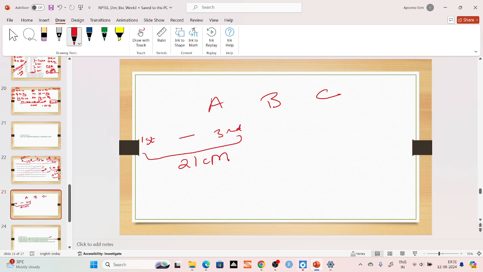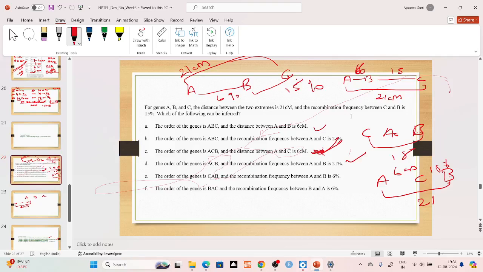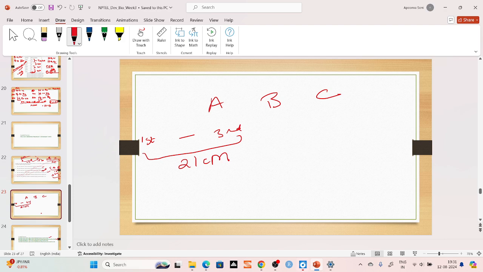We don't know which is the first gene and which is the third gene as of now. Then what are they telling? They are saying that the recombination frequency between C and B is 15%. This we know, B and C is 15%. So obviously the remaining would be 6% or 6 centimorgan.